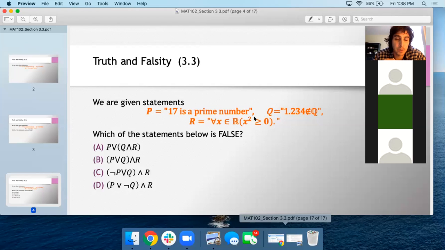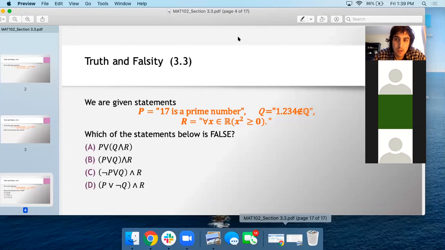So 7: the only divisors of 7 are 1 and 7, so it's prime. But 6 has divisors 3 and 2, and 8 has divisor 2. So those aren't prime. I'll talk a lot about prime numbers a little bit later.